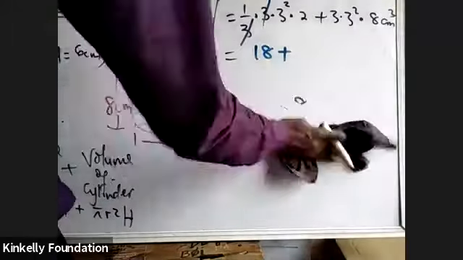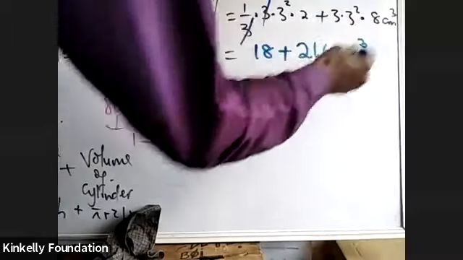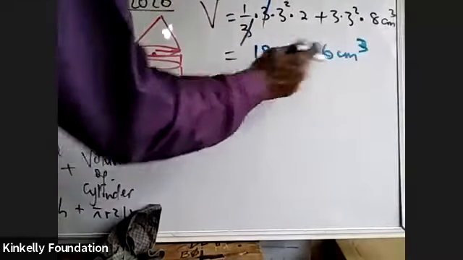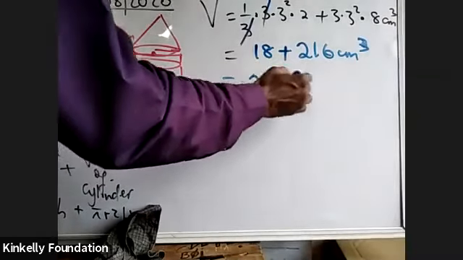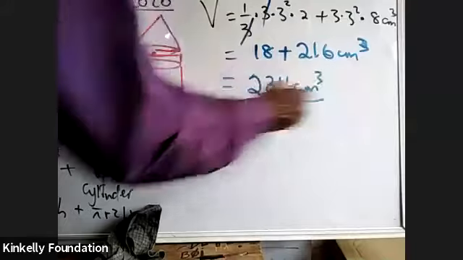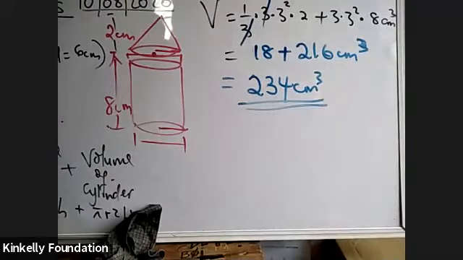Now we have 216 cm cubed for the cylinder. When you add these, you are going to have 234 cm cubed. So this is the approximate volume of that solid.